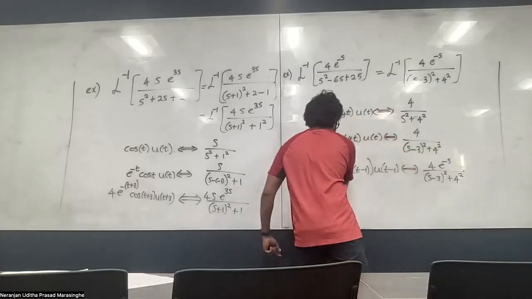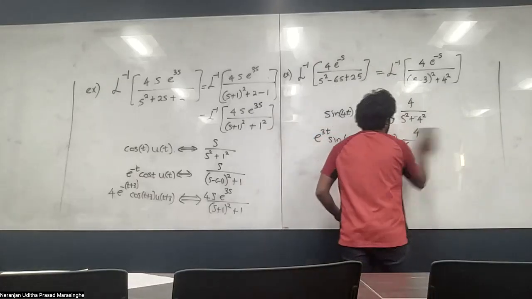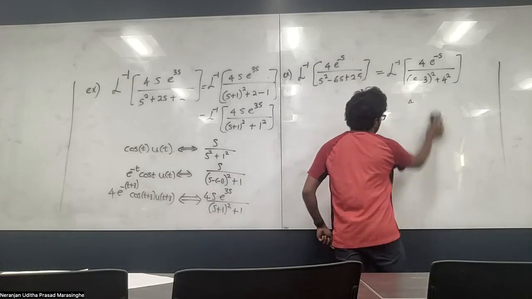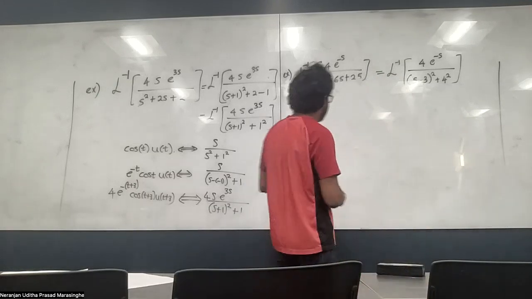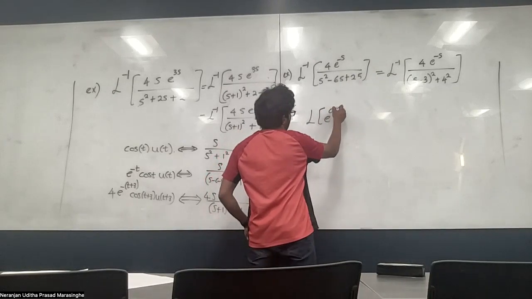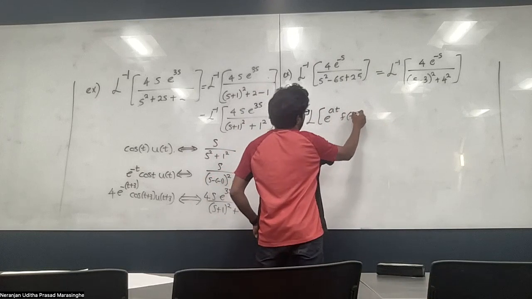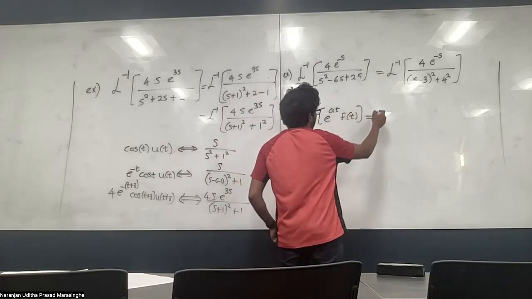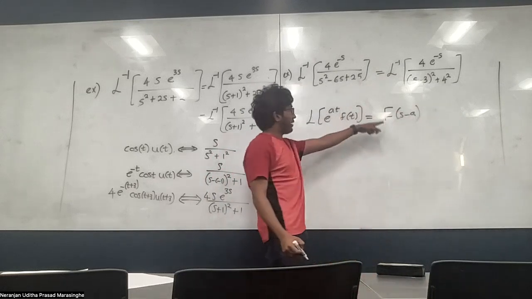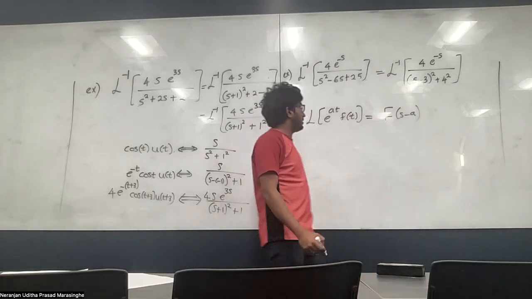So in the first translation theorem, it says that the Laplace of e to the at f(t) is equal to F(s minus a). So this a would become minus a when you go to the Laplace term, right?